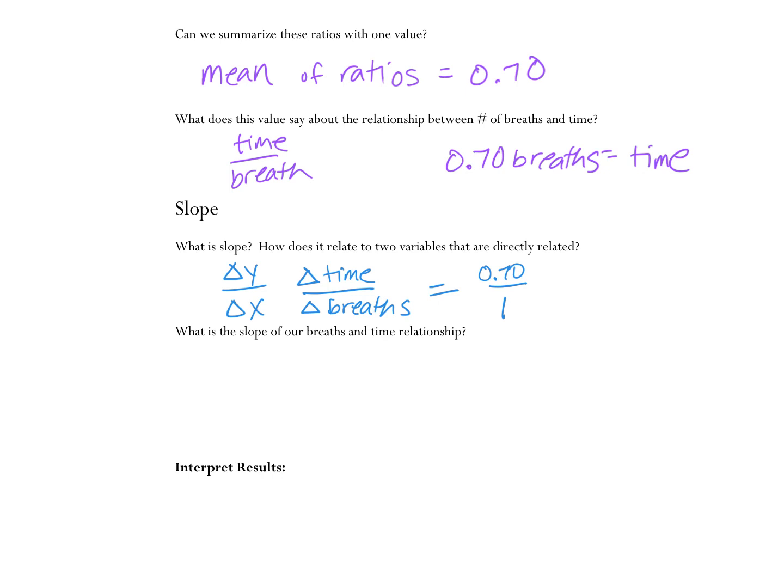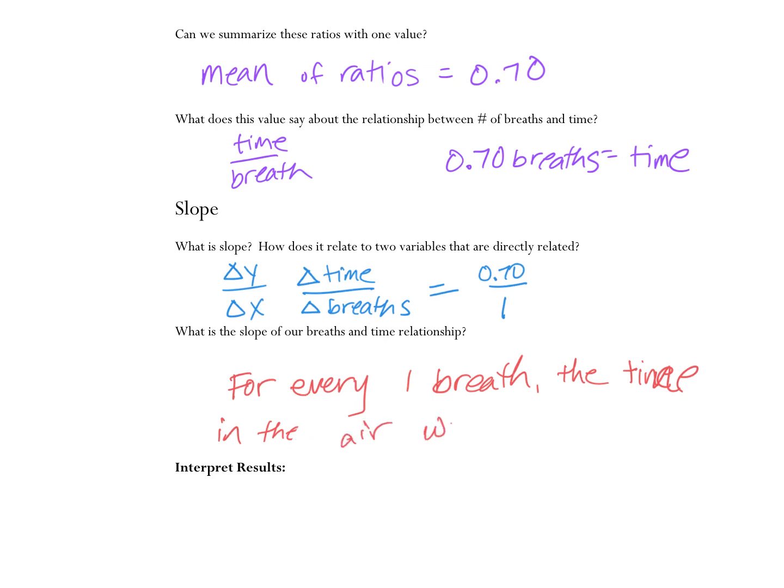So what does this mean? What's the meaning of our slope? Well, it means for every breath you take, the time in the air will increase by about, are you cool if I said approximately, 0.7 seconds?